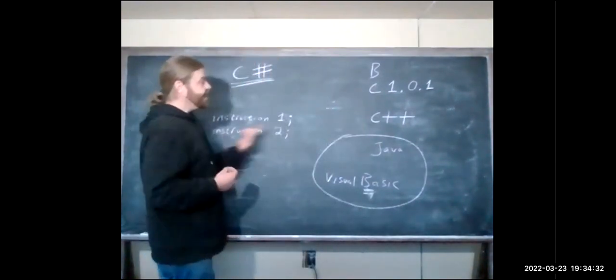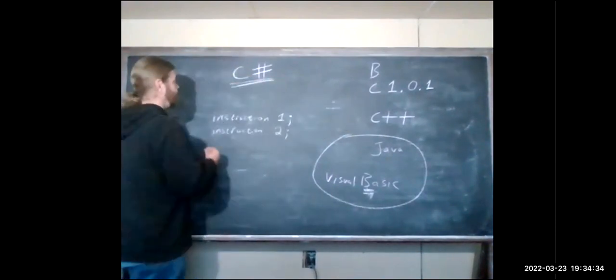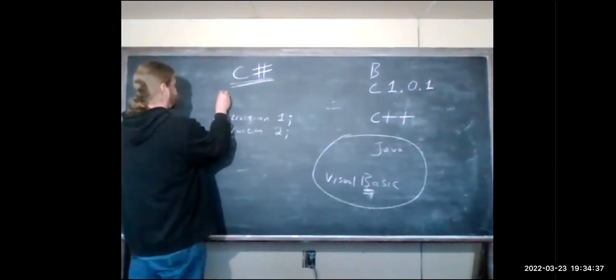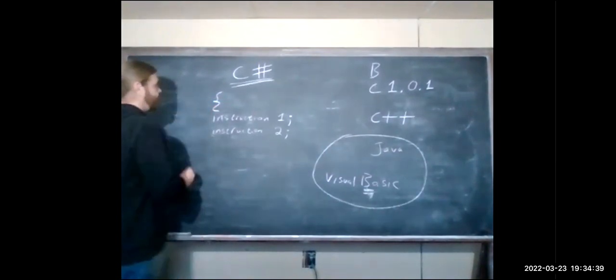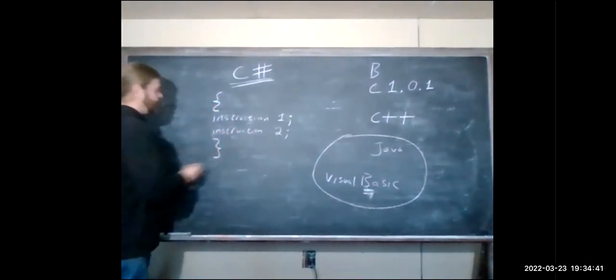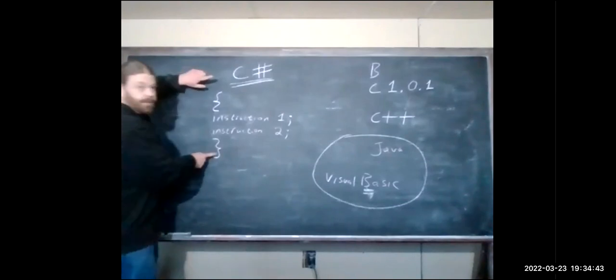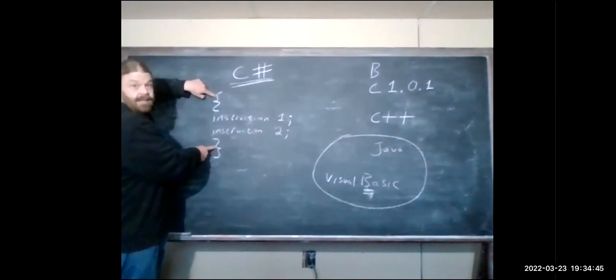And in the C family of languages, like C#, we do that with curly braces. We have an opening curly brace and a closing curly brace to block those off. So that's going to be the biggest change from Python, the stuff that would be indented.